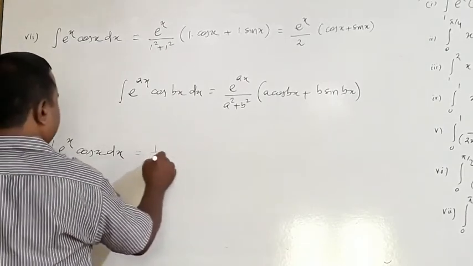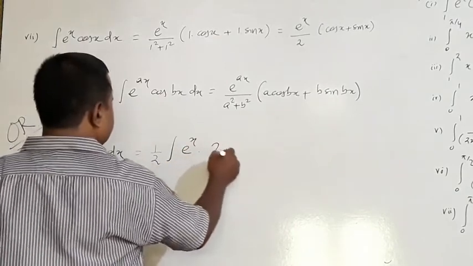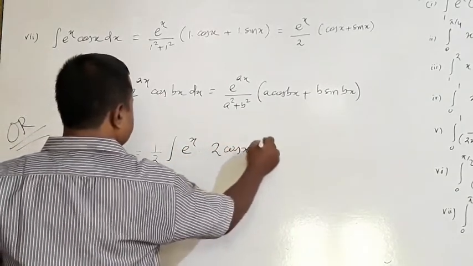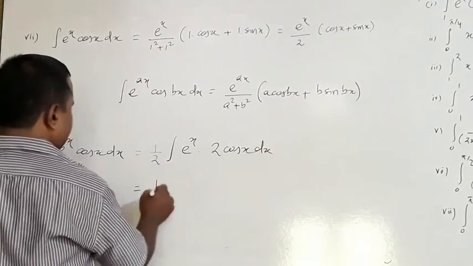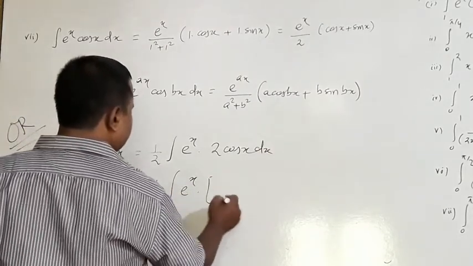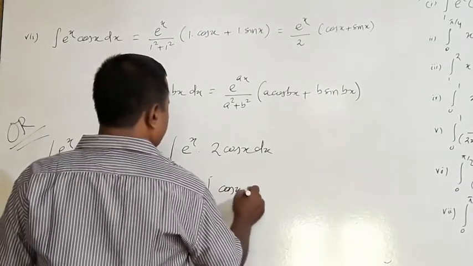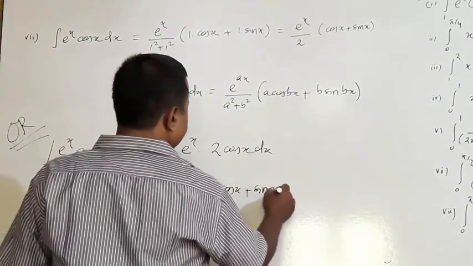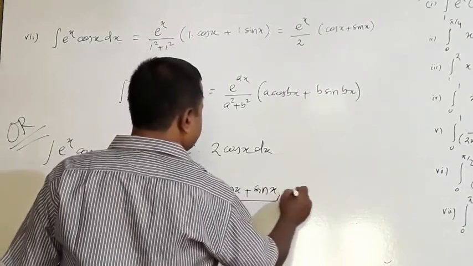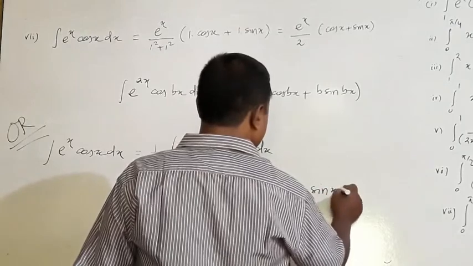By multiplying and dividing by 2, it becomes e to the power x into 2 cos x dx. Here the trick starts. Look here. You write this as cos x plus sin x plus minus sin x plus cos x.